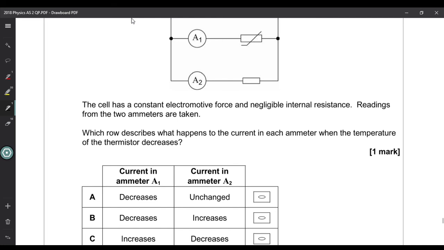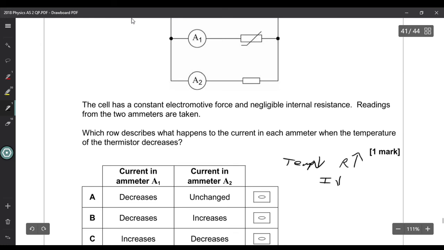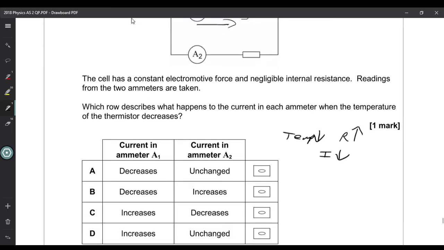So as temperature decreases in a thermistor, then the R increases. So as the R increases, then the current is going to decrease. So we know that the current in this spur here is going to decrease, so we can discount C and D. Now we're going to have the same potential difference across each spur.